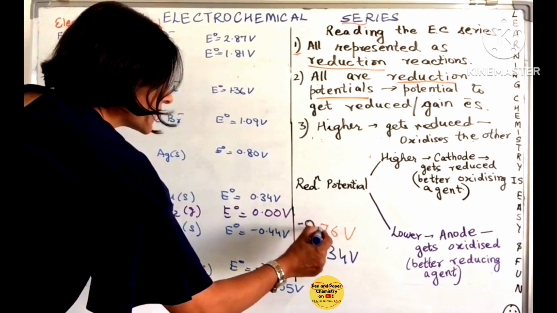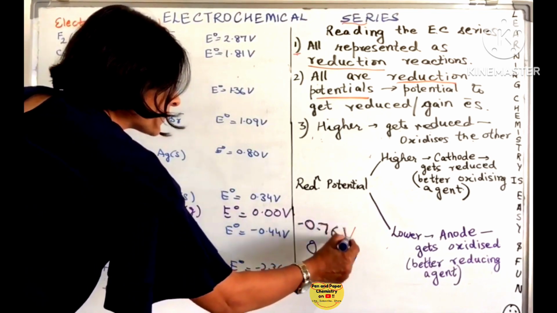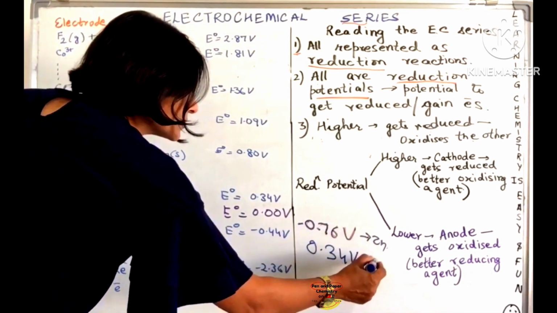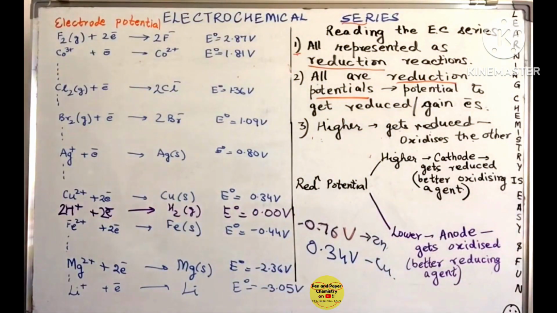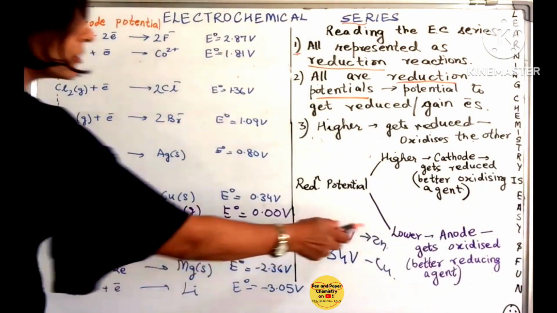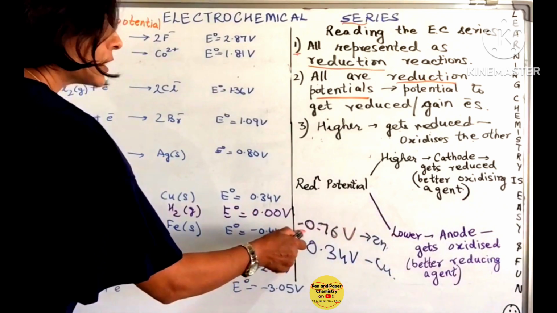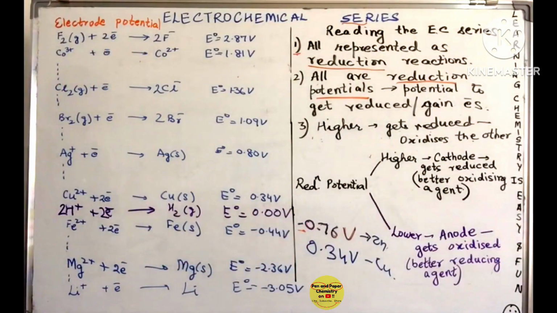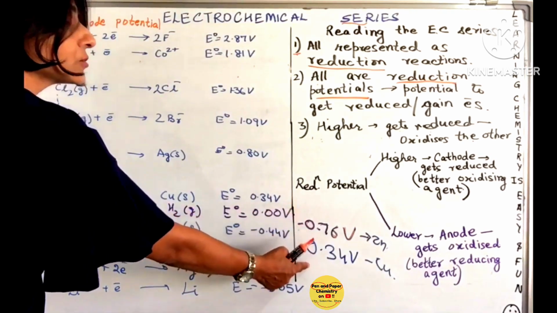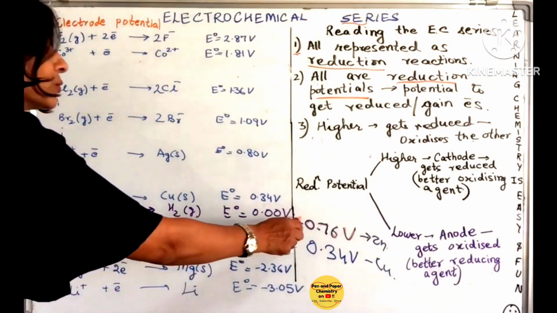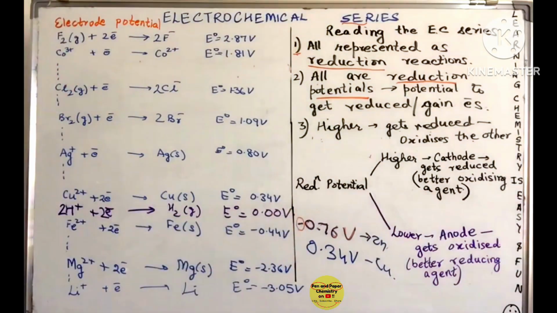Now out of the two of them, if you are just given the electrode potentials, how do you decipher which one is going to behave as the anode, which one is going to behave as the cathode? Yes, the lower one, the one with the lower reduction potential. So negative 0.76 is smaller than 0.34 volts. Please do not ignore the sign.